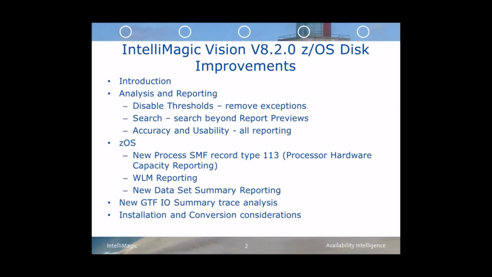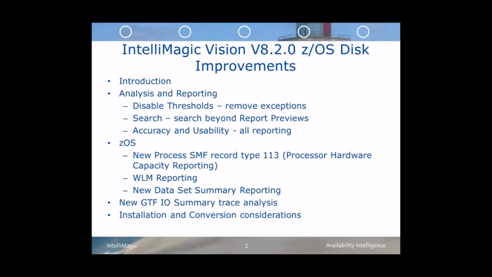Today in the presentation, we're going to go through an introduction. Then I want to talk about some of the analysis and reporting improvements in z/OS in version 8.2. We're going to talk about the ability now to disable the threshold, improvements in the search capability, and some of the accuracy and usability functions that we've improved pretty much across the board as far as the product's concerned.